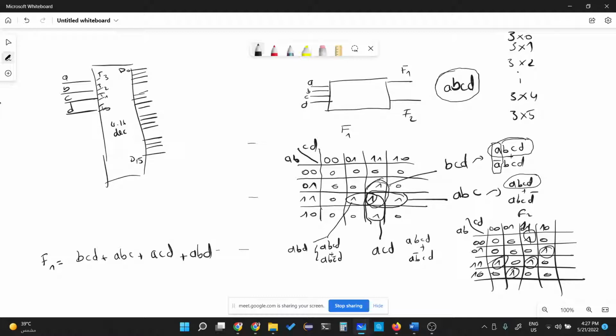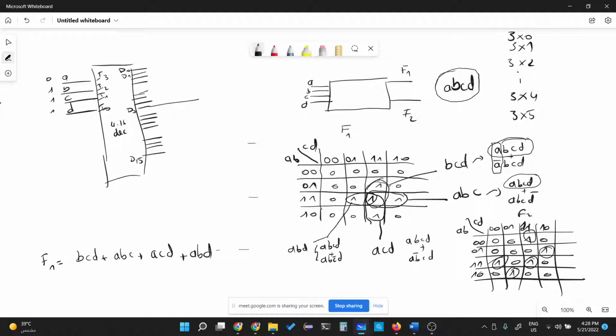So when we have 0, 1, 1, 1, the function is 1. Okay? So 0, 1, 1, 1, which corresponds here to 7, to D7. 1, 2, 3, 4, 5, 6, 7. Okay, so this is D7. So when we have 0, 1, 1, 1, D7 will be active. Here the decoder will activate D7.